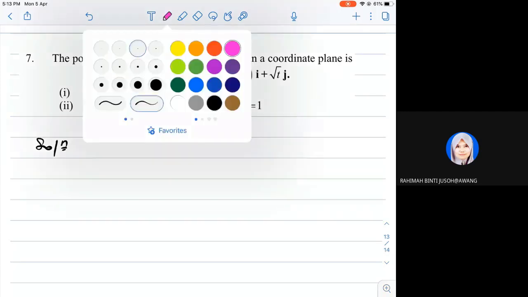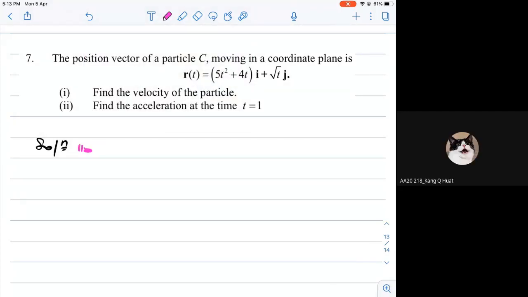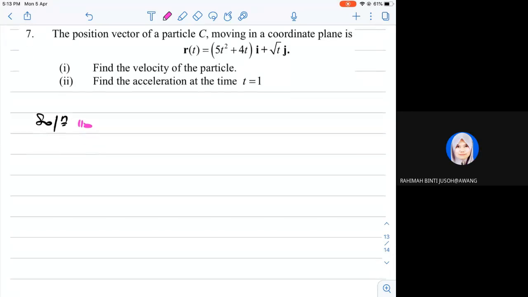Dia nak velocity. So dia bagi R(t), dia ada i dengan j je, k tak ada ni. So 5t squared plus 4t, square root of t.